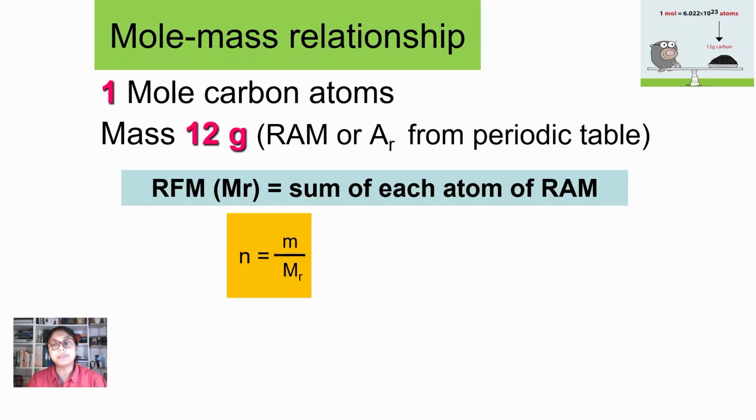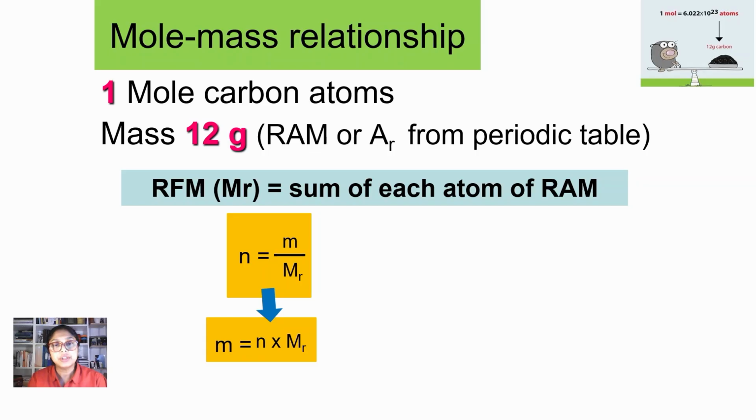We also learned about the equation for conversion from mole to mass: n equals mass m over Mr, or RAM. We arrange the equation to calculate the unknown factor. If we have to calculate mass m, we rearrange it to n times Mr. If moles is given, we can calculate the mass like this.